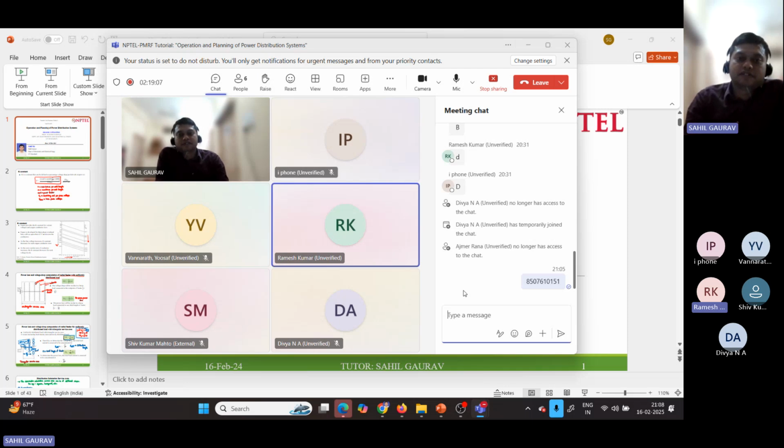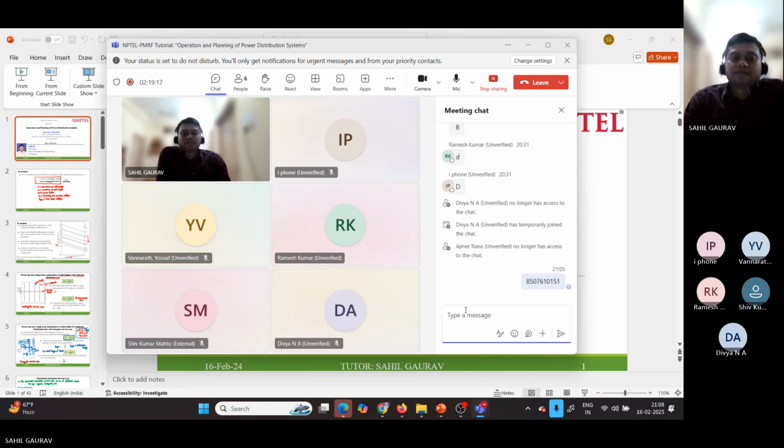You can refer to Professor Marco Liserre's papers and our guide Professor Chandan Kumar's. They have so many papers on smart transformer. Is it available commercially or still in the research field? There are so many papers. They have one good project in Germany.